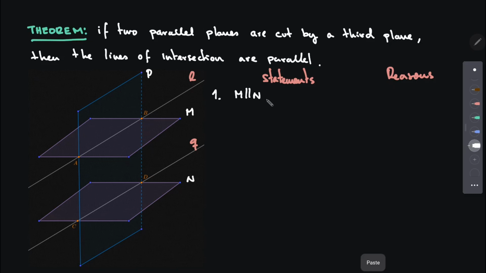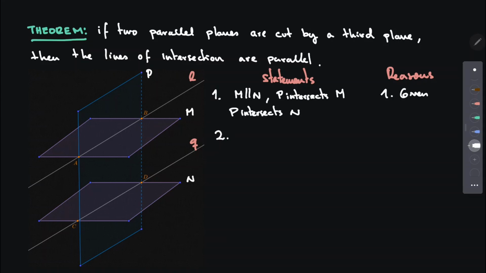So also we have that plane P intersects plane M, and plane P also intersects plane N, this one right here. This is given.